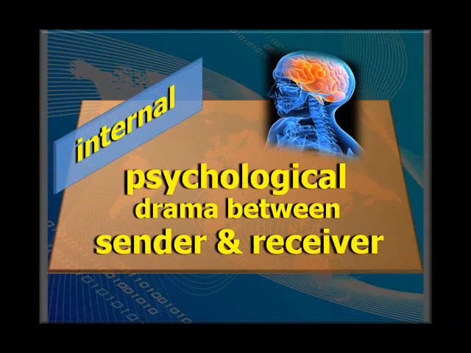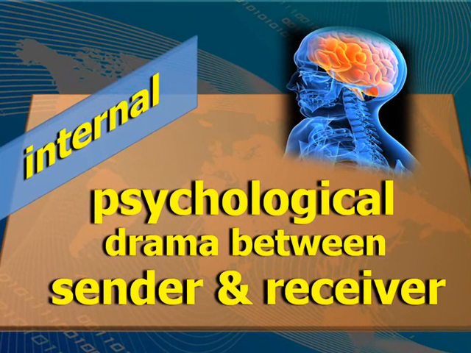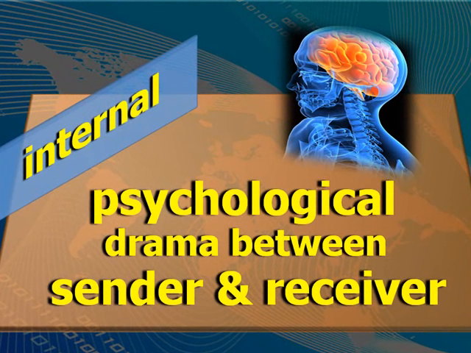Internal noise is the psychological drama going on between the interactive communicators. This is possibly the hardest noise to identify because it requires an understanding that may not be possible. We see examples of this all the time in politics, or between people that have different values, or when someone is trying to pull a fast one on someone else.